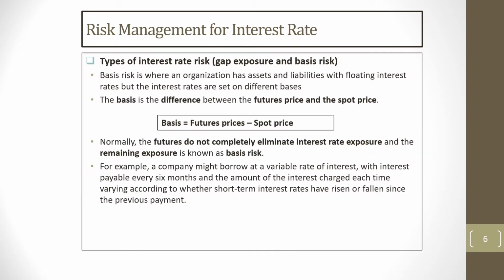Okay, so now we move on to basis risk. We mentioned this on the previous slide, where we called it basis risk. So what is basis risk? It is where an organization has assets and liabilities with floating interest rates, but the interest rates are set on different bases.